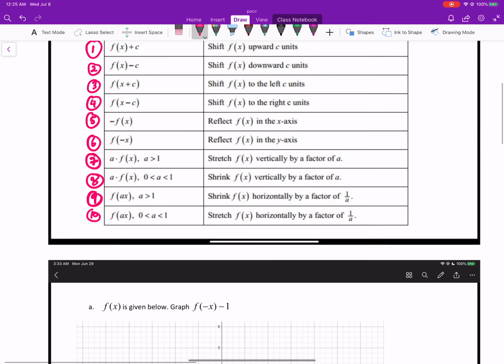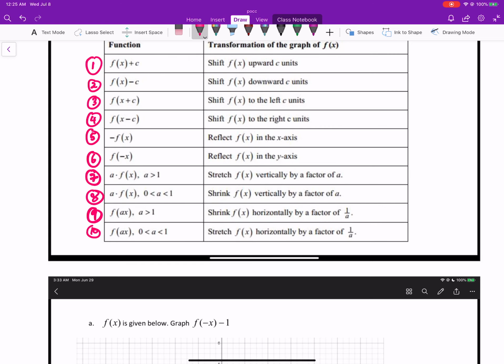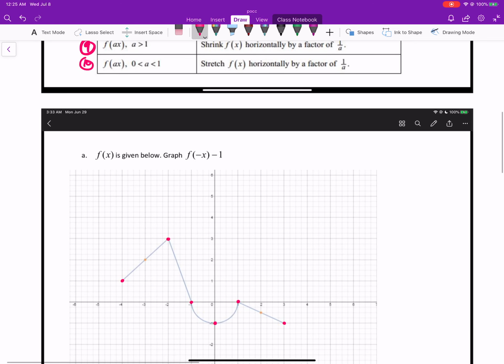So f of negative x, if you go back to the table, is number 6. It says reflect about the y-axis. So this is the y-axis. I'm going to reflect about it. So I'm going to go left and right.